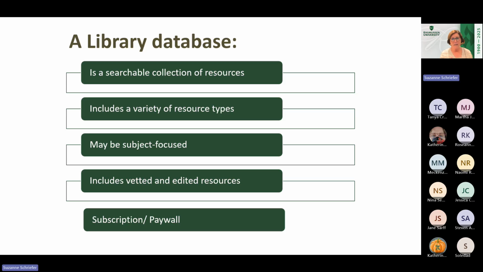We're not like a public library where we have a lot of different things on a lot of different topics. We're pretty focused on the programs that we offer here. So if you're in a health sciences program or a business program or in a design program, we can sort our database list and find the best databases for your program. And I'll show you how to do that.